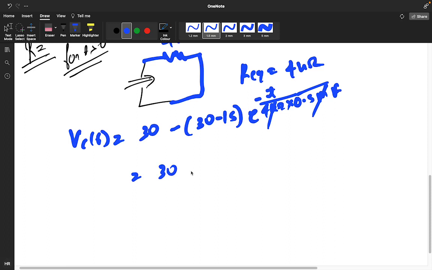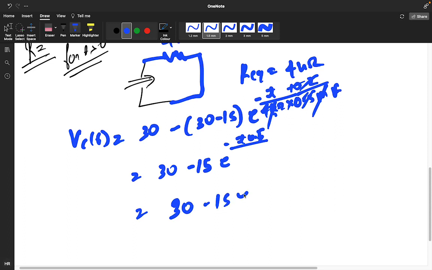So we are getting 30 minus 15 e power minus t divided by 2, so 0.1 by 2 is 0.5. So 30 minus 15 e power minus 0.5 t. So this will be the value of the voltage.